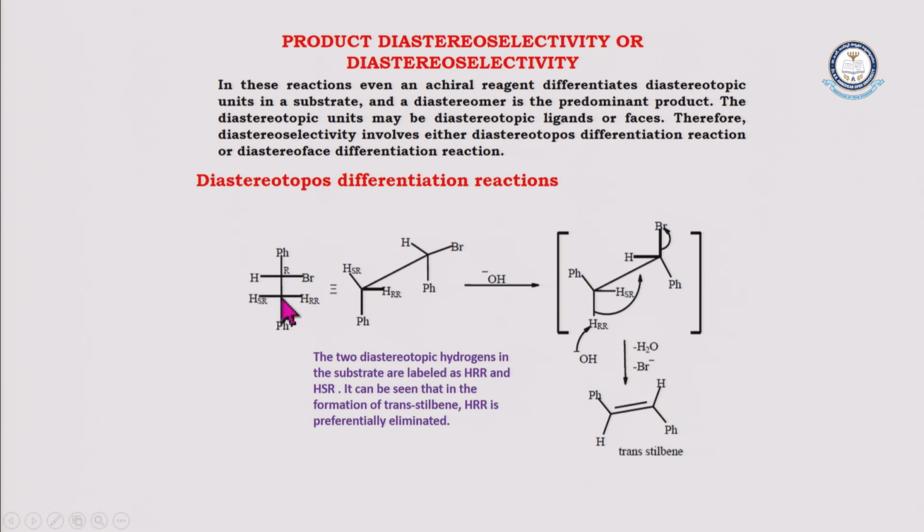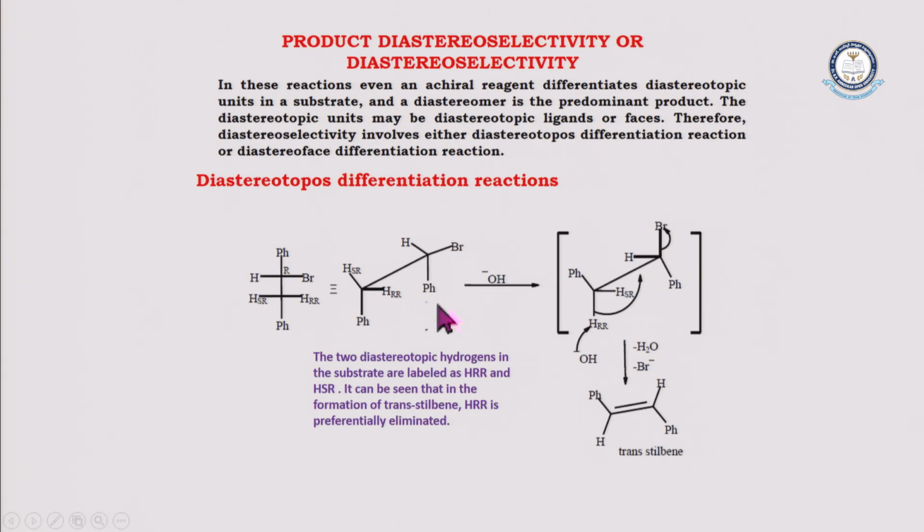So it is not chiral in nature, it is a pro-chiral center, and this is the chiral center. Here the pro-chiral center has two hydrogens labeled with pro-stereochemistry like HRR and HSR. These are the pro-chirality symbols, as explained. So we have two options here.